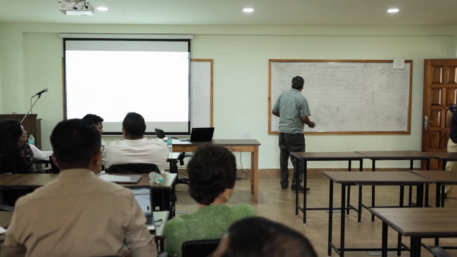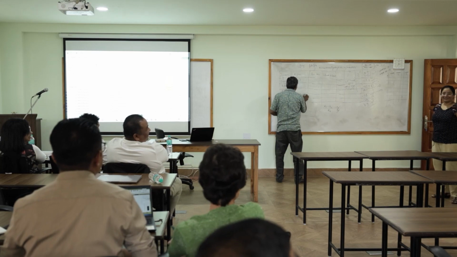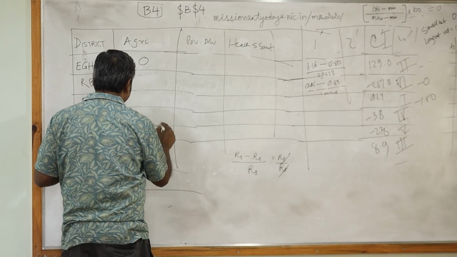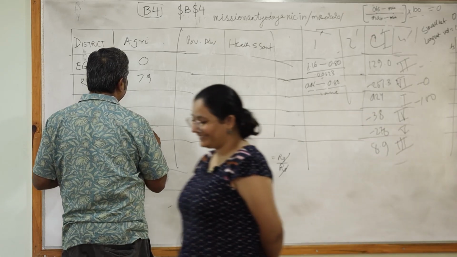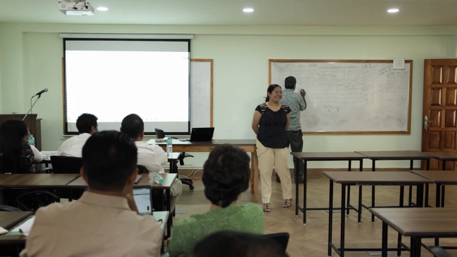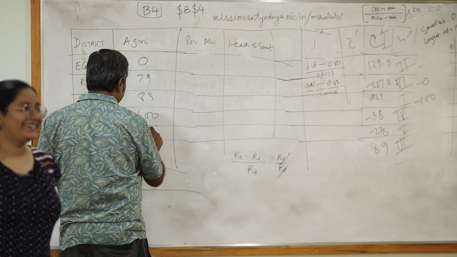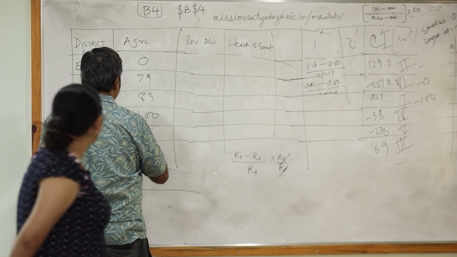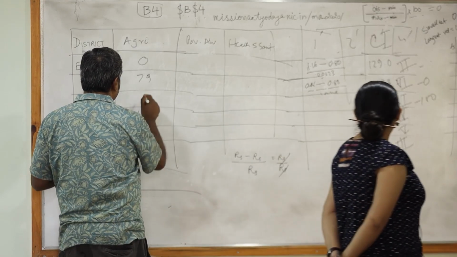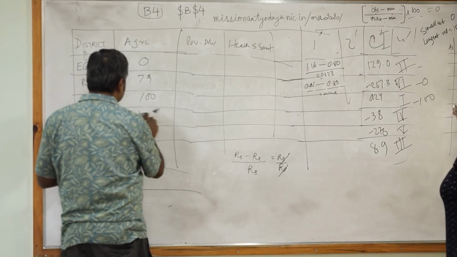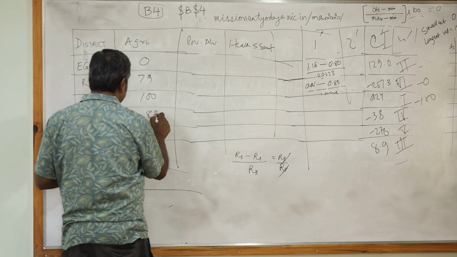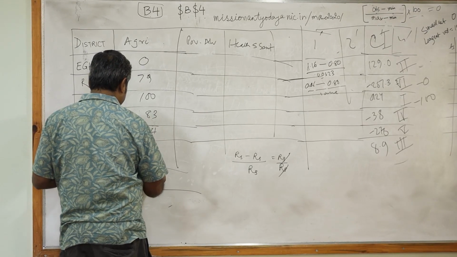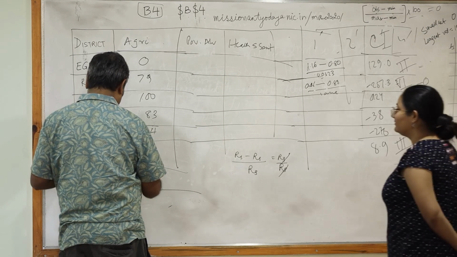Please do it 100. Everybody is 79, 83, 100. 100. Then 83, 64, 63. That's it. Right.